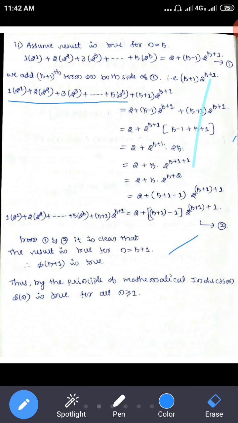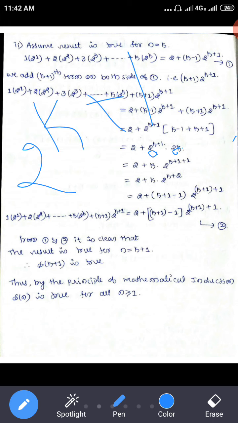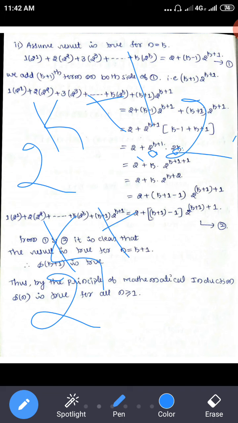Next, this 2k I'll write here: 2 raised to k plus 1, times 2 raised to 1. Bases are same. We can add the powers. 2 raised to k plus 1 into 2 is 2 raised to (k plus 1 plus 1).